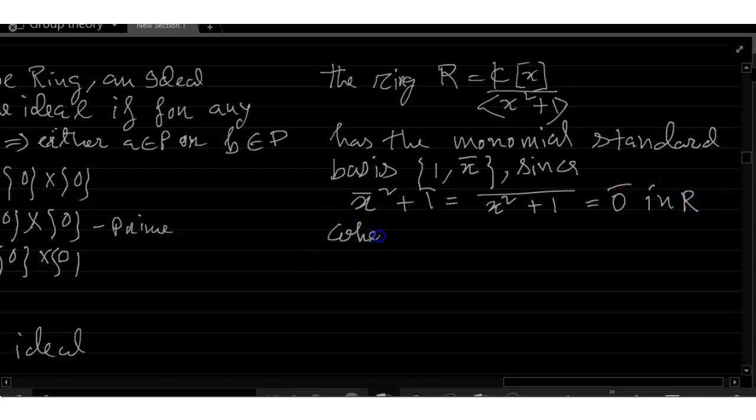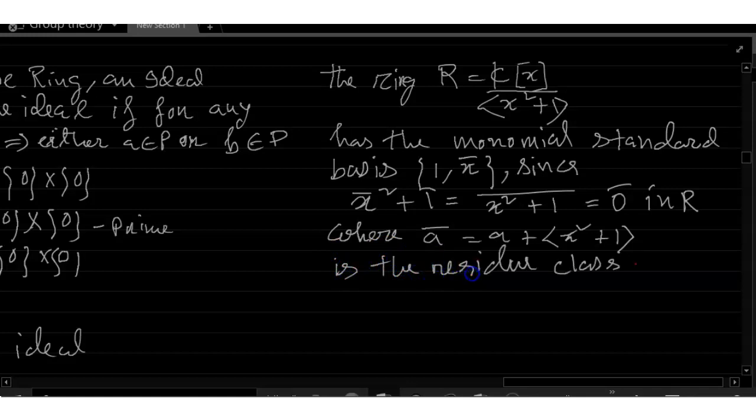where a bar equals a plus (x square plus 1) is the residue modulo the ideal.